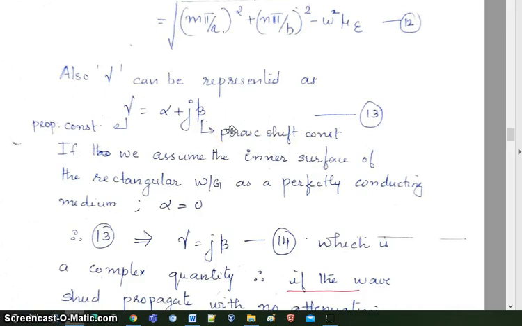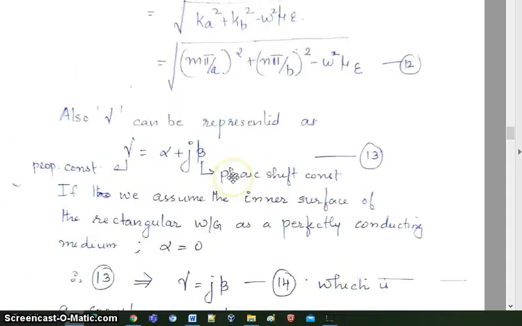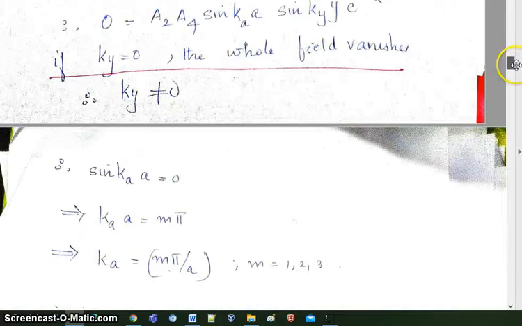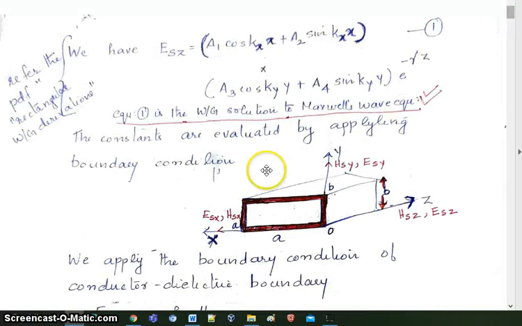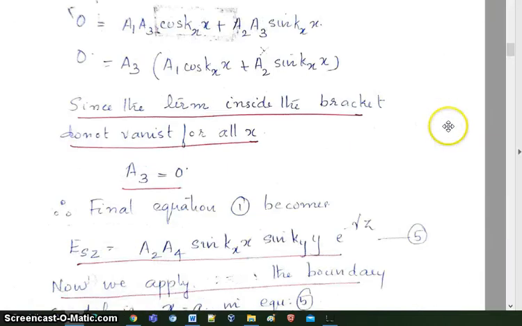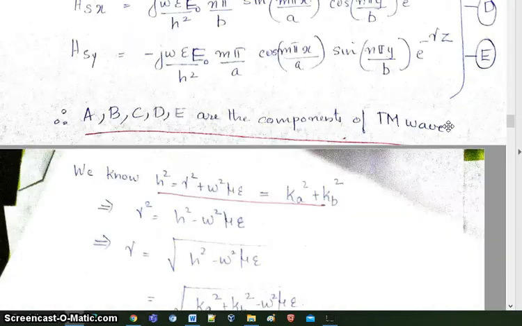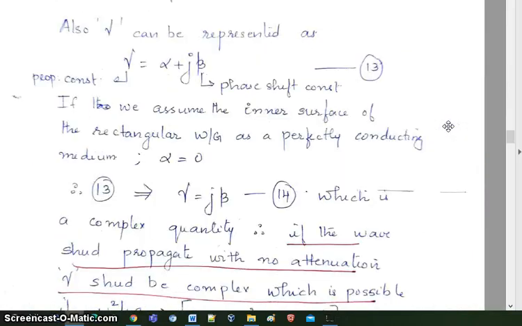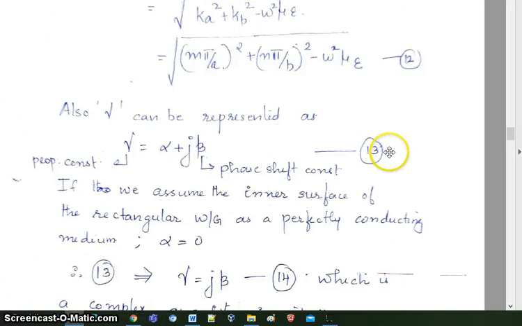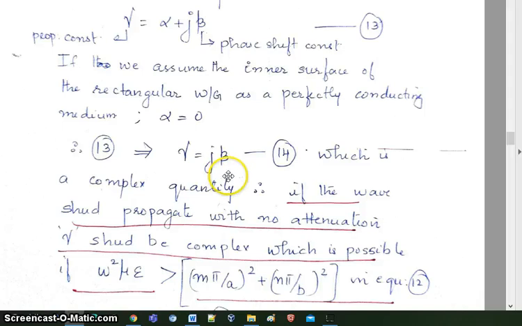Now if we assume that the inner surface of the rectangular waveguide is a perfectly conducting medium, that means this darkened portion is a conductor, and I am assuming that it is a perfect conductor, then I can say alpha is equal to 0 in case of a perfect conductor. So I am substituting alpha equal to 0 in equation 13, so that I can write gamma is equal to j beta, which is a complex quantity.